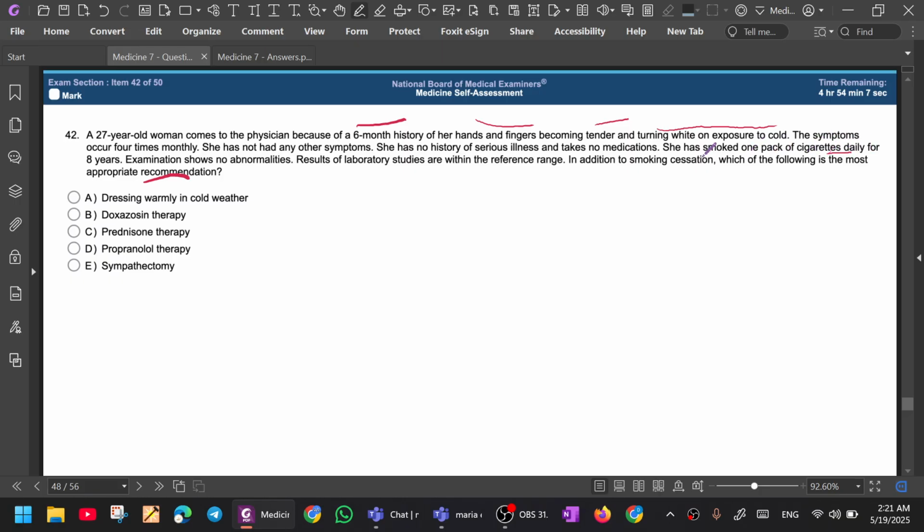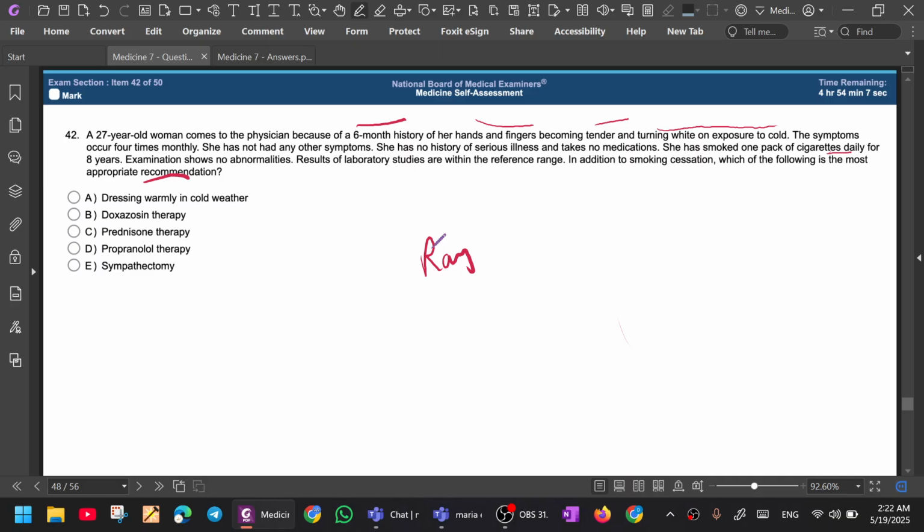Cold, white. Is it Raynaud's? Probably, yeah. What's doxazosin? Is it an alpha blocker?